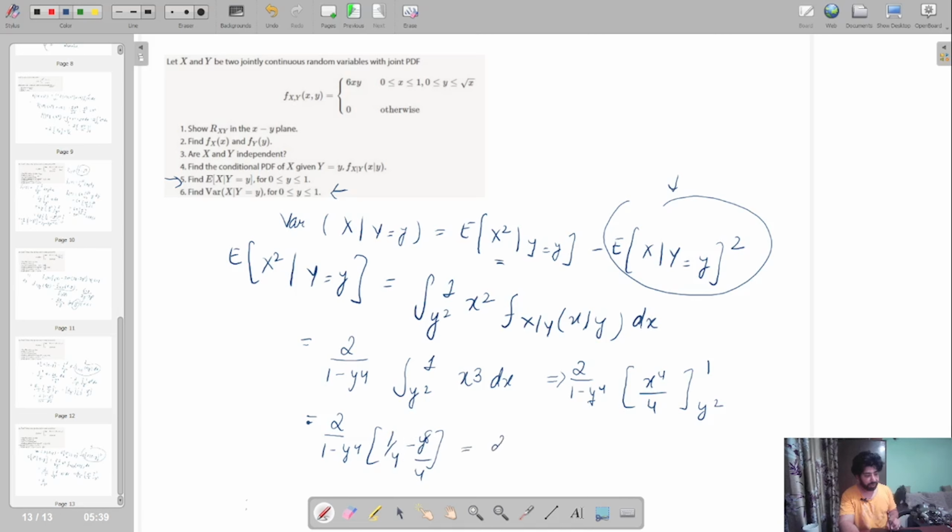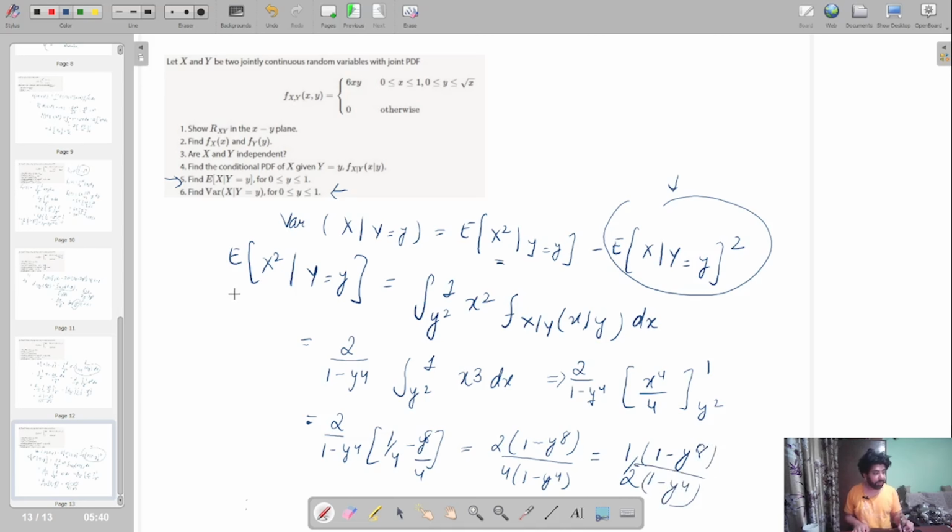This will come out to be 2(1 minus y^8) over 4(1 minus y^4). Further, this can be simplified as 1/2 times (1 minus y^8) over (1 minus y^4).